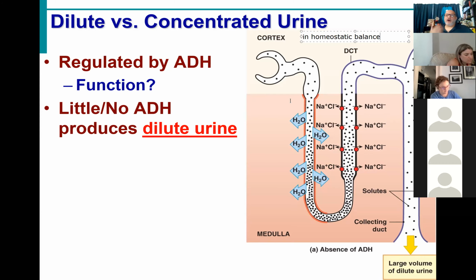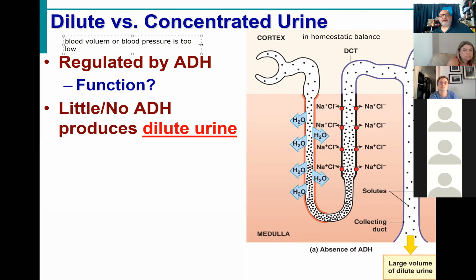What if our blood volume or our blood pressure is too low? Then, as we know, our posterior pituitary will release antidiuretic hormone.